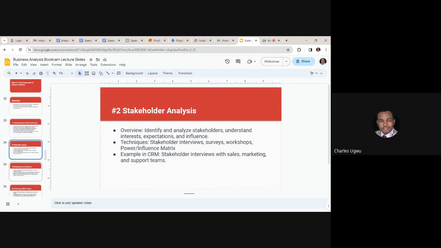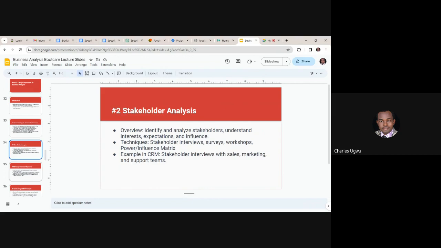You must understand them by identifying them one by one through what we call stakeholder analysis. So for you to do that, we apply a technique called stakeholder interview, survey, workshop, power/influence metrics. These stated techniques will help you to carry out a thorough stakeholder analysis.